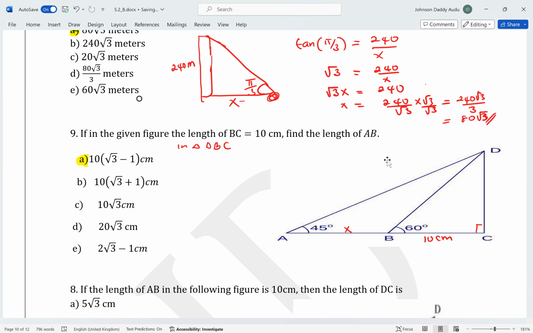So you can see that we can use tan 60, which is going to be DC over BC, right? So here root 3 is equal to DC over BC. We don't know DC.